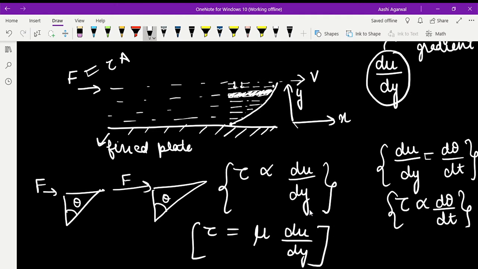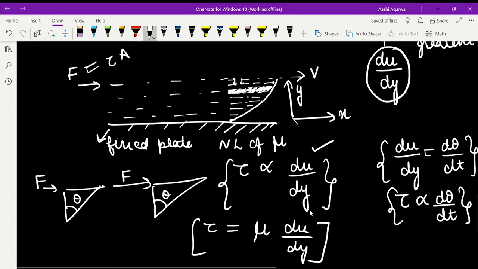This mu is nothing but viscosity. This is also termed Newton's law of viscosity. The fluids which obey this relationship are called Newtonian fluids. You can note down, this is Newton's law of viscosity.